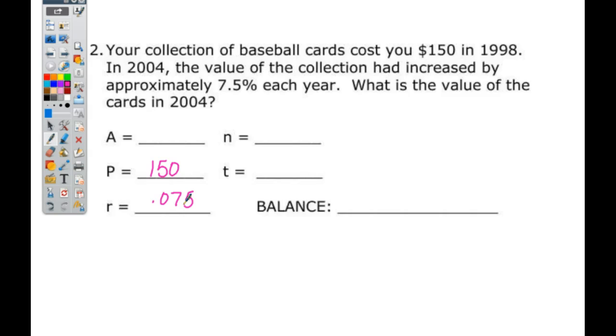Right, it says each year, and it's just once. So 1. And then how many years? 6, right? 1998 to 2004. So I'm going to take 150 times 1 plus 0.075.